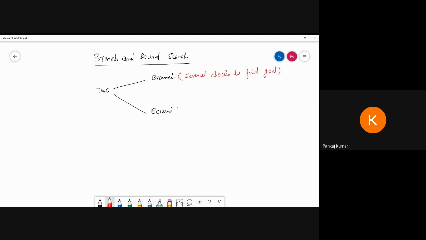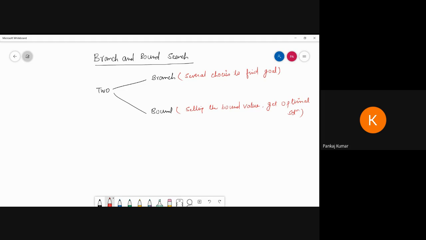And what is the bound? Bound means we are setting a bound value to get our optimal solution.